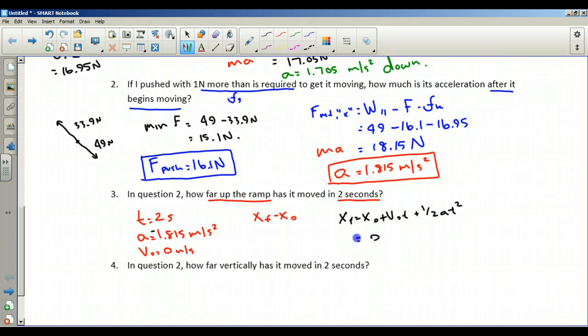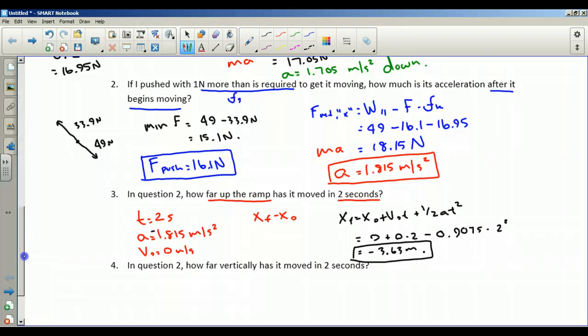So we have 0 plus 0 times 2 minus 0.9075 times 2 squared, because 0.9075 is half of our acceleration up here. So we just end up with negative 3.63 meters. So it actually moves 3.63 meters down the ramp in this problem.